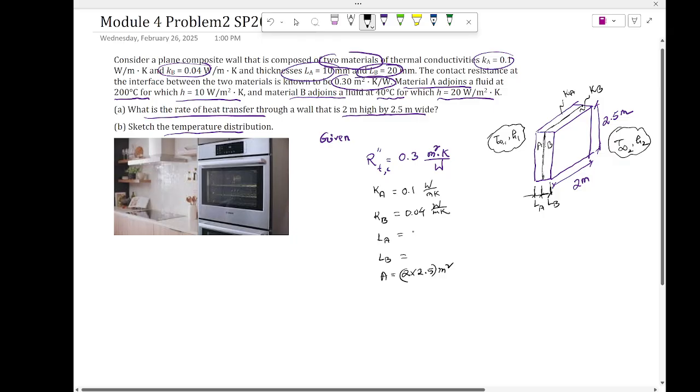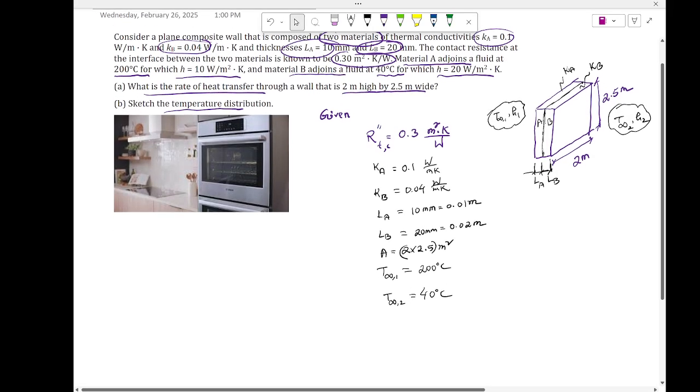The thicknesses of those two layers are 10 millimeters, which is 0.01 meter, and 20 millimeters, which is 0.02 meter. They gave you T infinity 1 as 200 degrees Celsius, and T infinity 2 as 40 degrees Celsius.